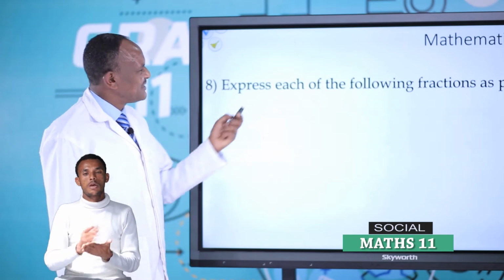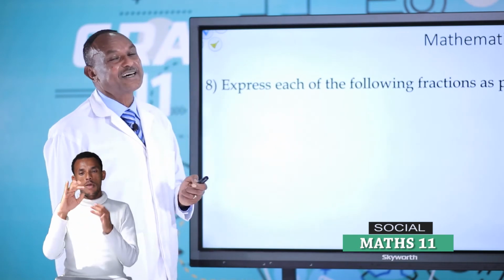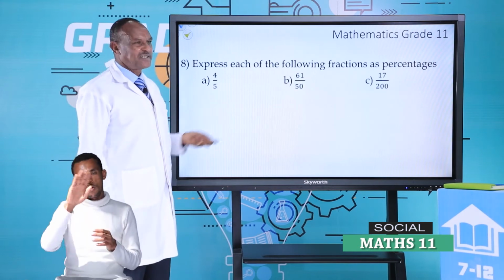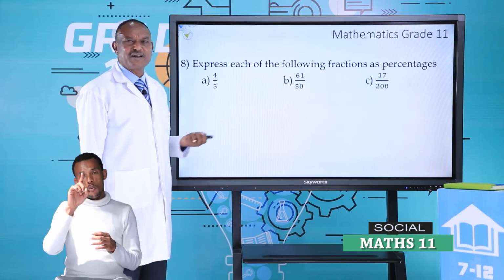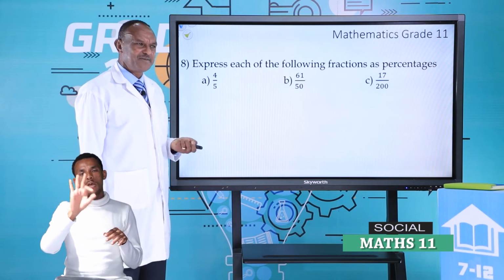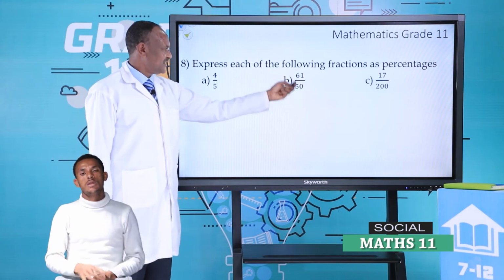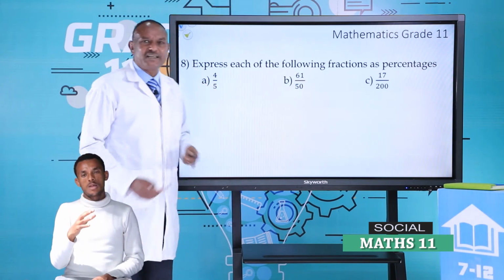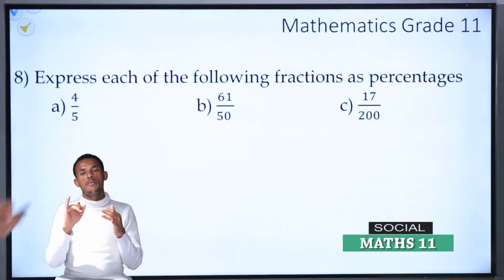Take another one. Express each of the following fractions as a percentage out of 100: 4 over 5, 61 over 50, 17 over 200. Say, for example, somebody has got 4 marks out of 5. How much percent does it mean? These are fractions.